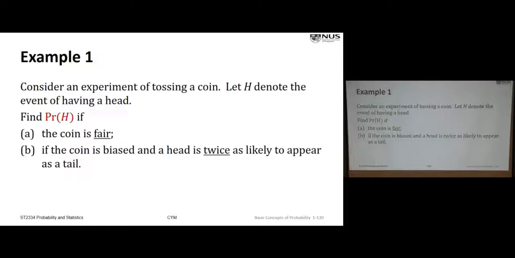Okay, so here is an example to illustrate how we derive the probabilities based on these three axioms. Consider tossing a coin, and H is having a head. What is the probability of having a head? In this case, it's understood that we are looking at the sample space, which consists of head and tail, two sample points.